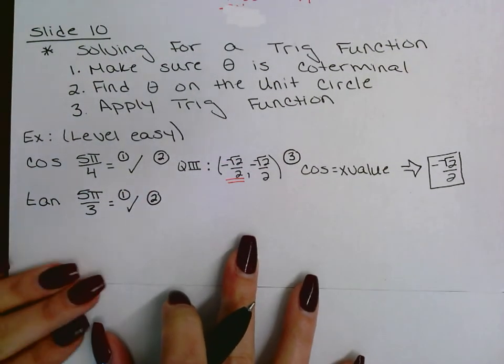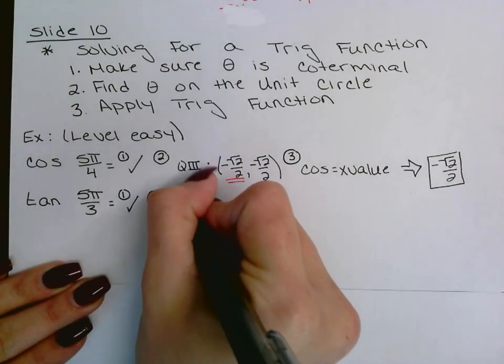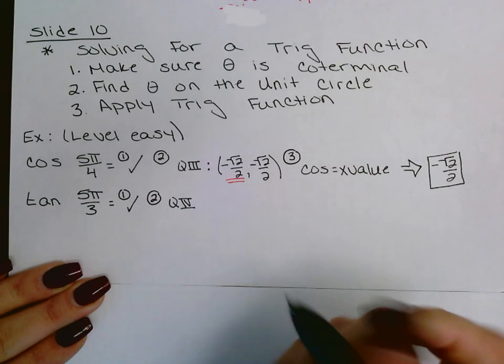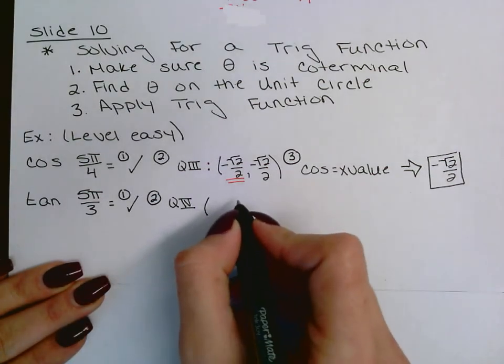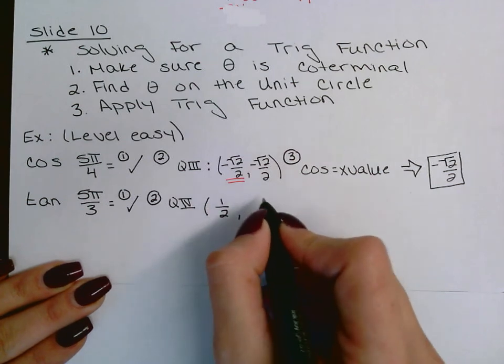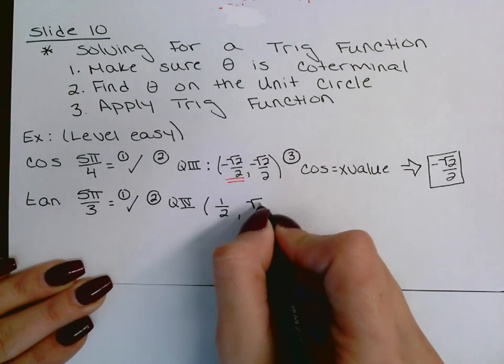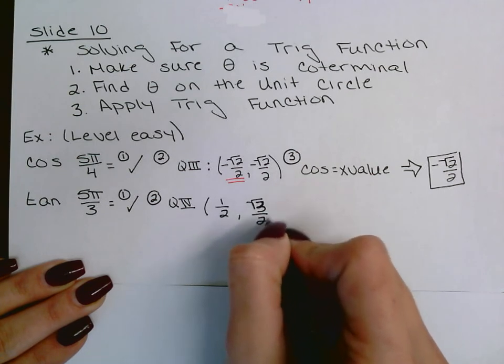Next, 5 pi over 3, what quadrant is that in? Good, quadrant 4. Anything over 3, what's my ordered pair? Right, first the 1 and then the 3. So 1/2 over radical 3 over 2.